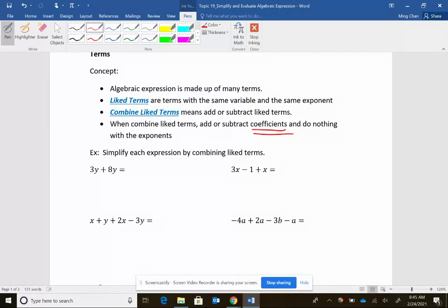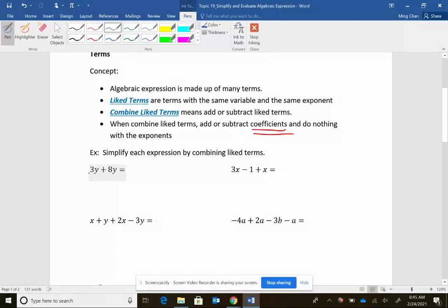If you ever accidentally add or subtract the exponent, you're probably thinking about multiplication and division of variables. But that's not what we're doing here. What we're doing here is combining terms. Add and subtract like terms.